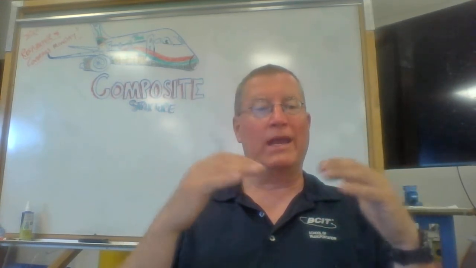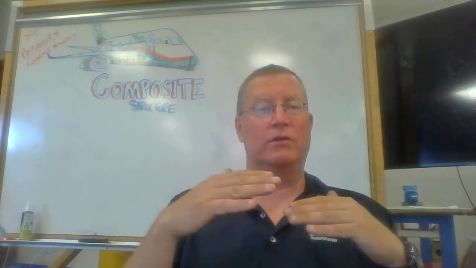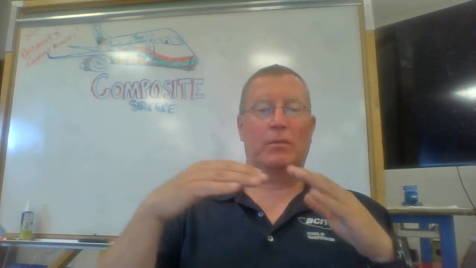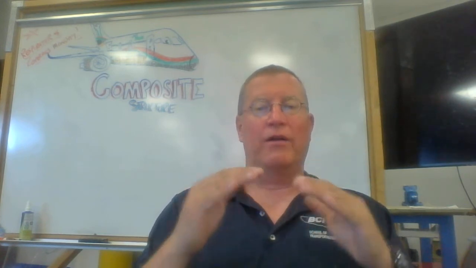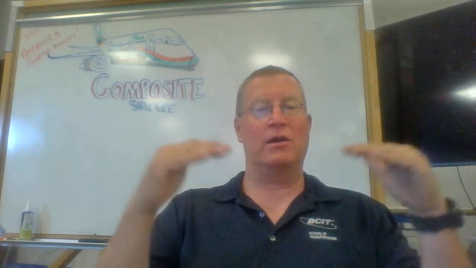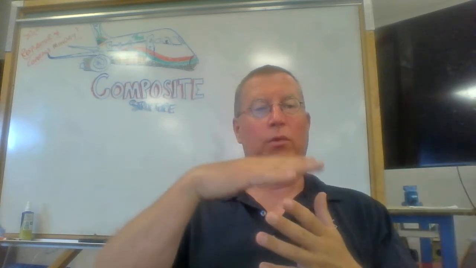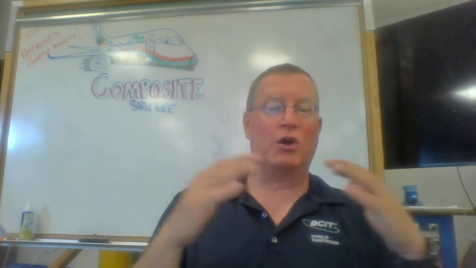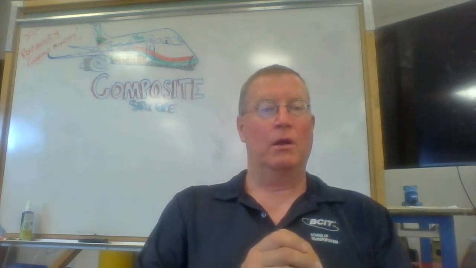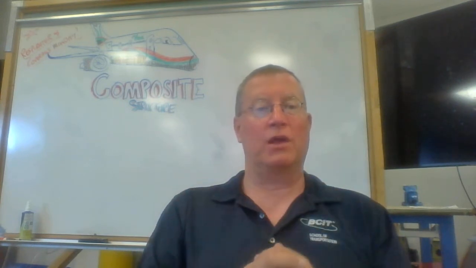We would grind out the delaminated layers, and then create areas, circles or ovals or whatever the shape may be, of stepped layers. That way, when we put our repairs in to fit those layers, we're allowing transfer of energy across the repair area, right? And so bringing back strength into that joint.